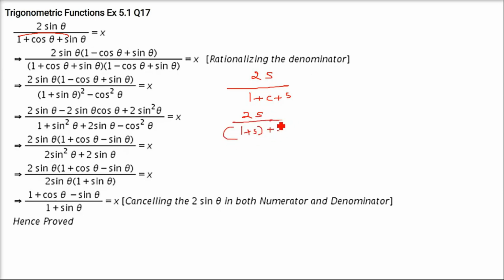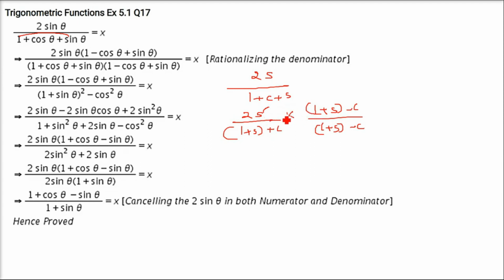So I have to rationalize it. How do I rationalize it? I'll multiply this with 1. Let us take the denominator first. So (1 plus sin theta minus cos theta). Again, in the numerator also you have to put this only. So just multiply this.